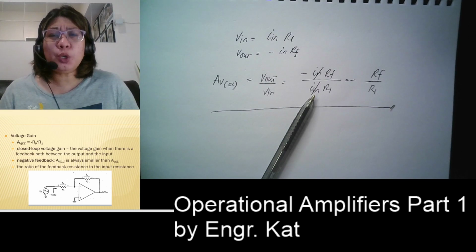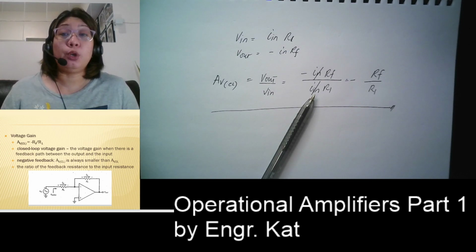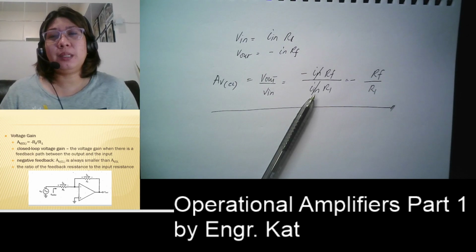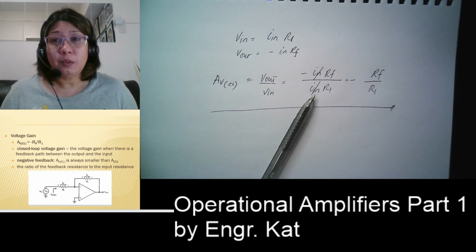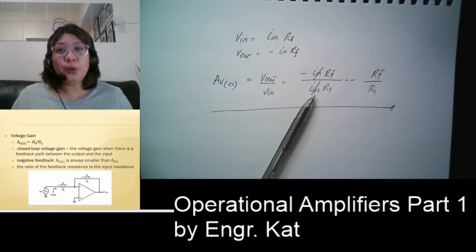Okay, I want to change my gain. I want it to become 100. So what are you going to do? You just change your RF to 100 kilo ohms, and R1 is still 1 kilo ohm. So that is already a change in your voltage gain. As you can see, there is no characteristic of the op amp involved anymore.